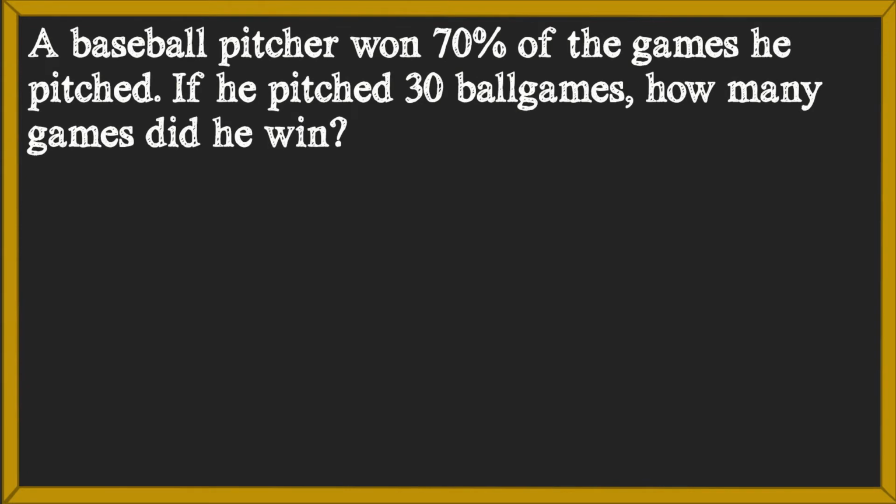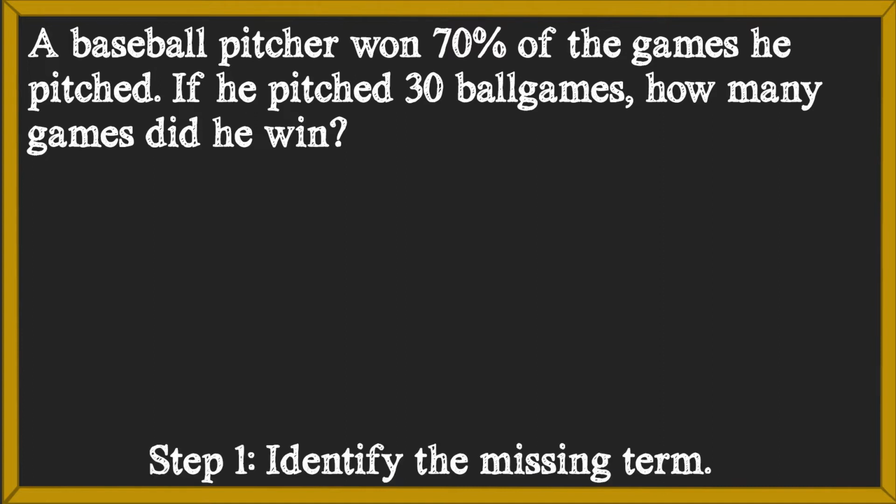A baseball pitcher won 70% of the games he pitched. If he pitched 30 ball games, how many games did he win? To be able to solve this problem, we need to identify first the missing term. So what is the base?